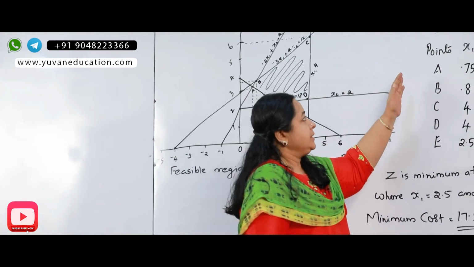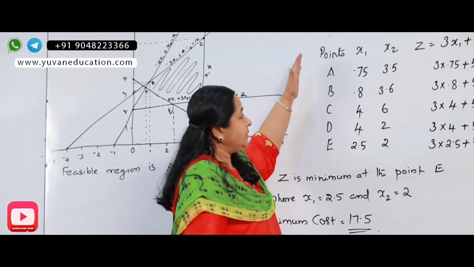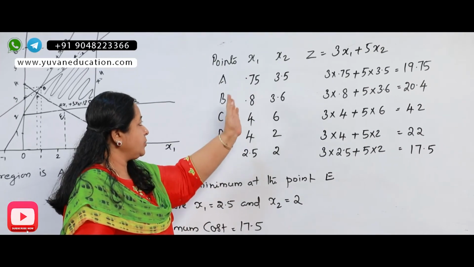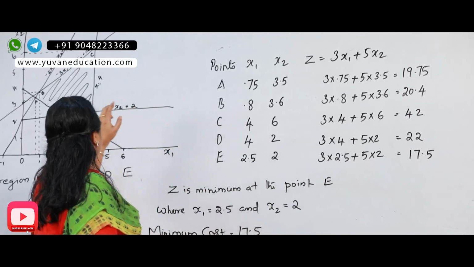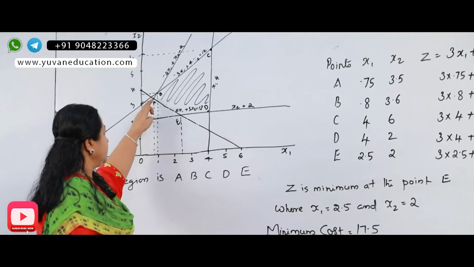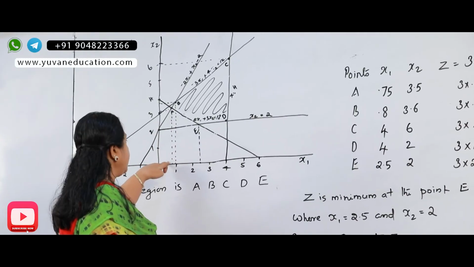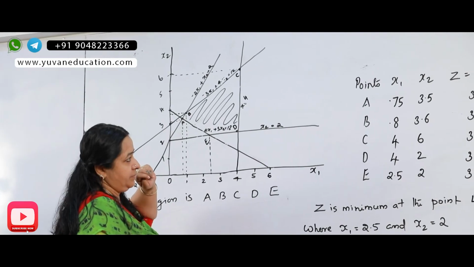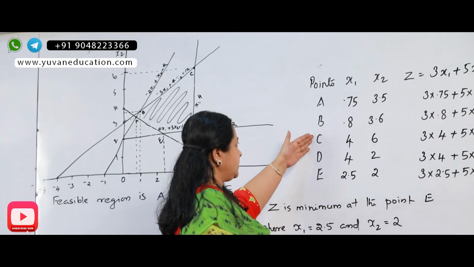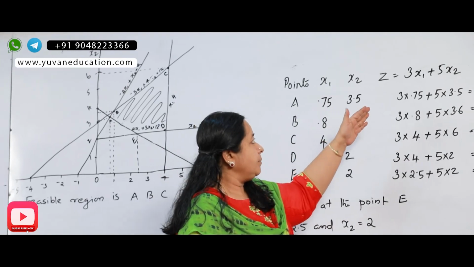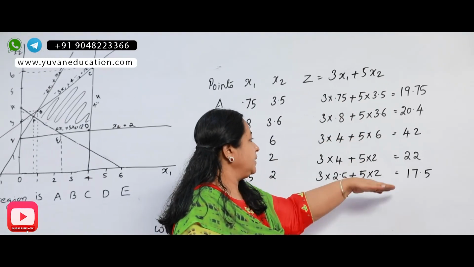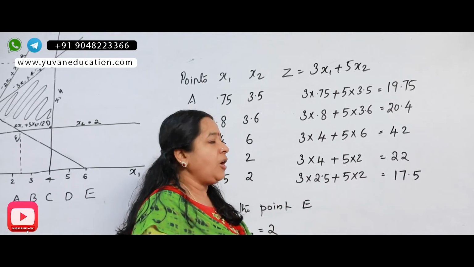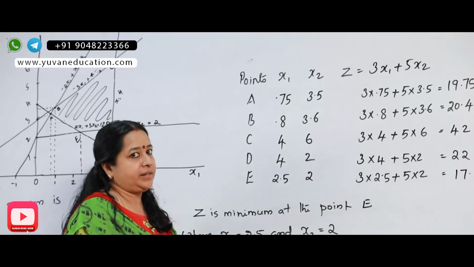Okay, same as the previous question. Points x1, x2. x1 in the point A, we are taking as 0.75, x2 3.5, then B, C, D, E. Multiply here. Here we have to take the minimum value because this is a minimization case.